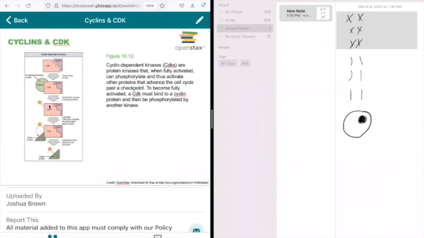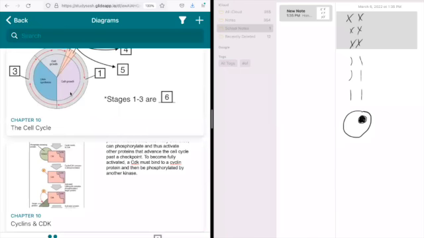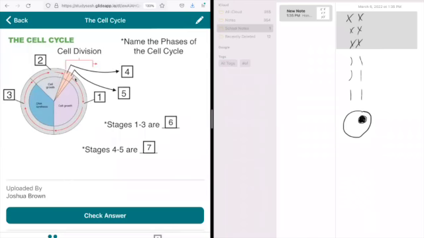So it's going to start doing what it needs to do to promote the movement to the next phase, whether it be later on during, say, the cell growth G2 phase, or start making stuff so it can start dividing. These proteins are going to do different things. I don't have an exact list of everything, but just know they're going to promote the movement to the next phase of the cell cycle.